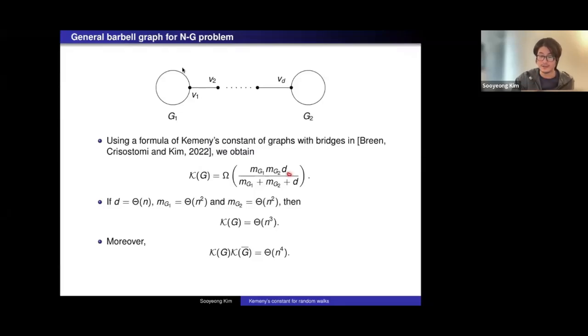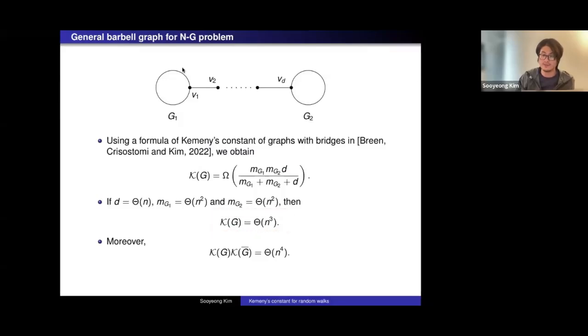And here, D is the number of vertices on this path. So if D is of order n, and both the numbers of edges of G1 and G2 are of order n squared, then we have this order.